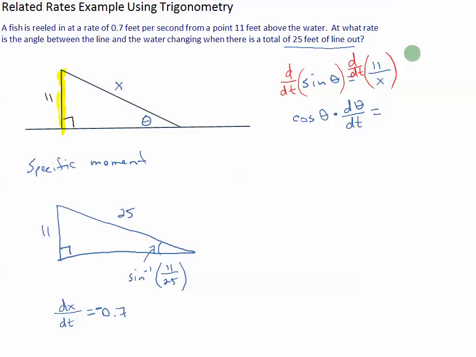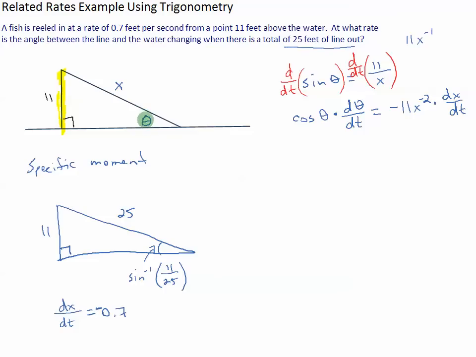On the right side, this is the same thing as 11x to the negative first. So when I differentiate that, I get negative 11x to the negative second times the derivative of x, so dx/dt. And now I plug in any values that I know. So I look at my specific moment and I try to plug things in.